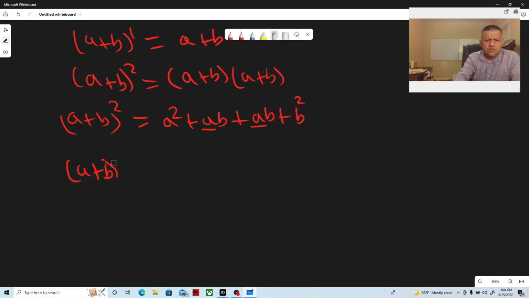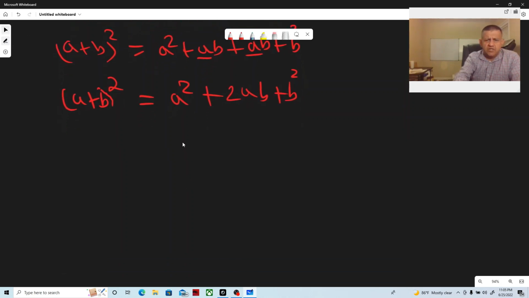All right, so a plus b squared is equal to a squared, which is this one, plus these two terms, which is equal to plus 2ab, plus b squared, correct? Now, so what I can do right here is the following.